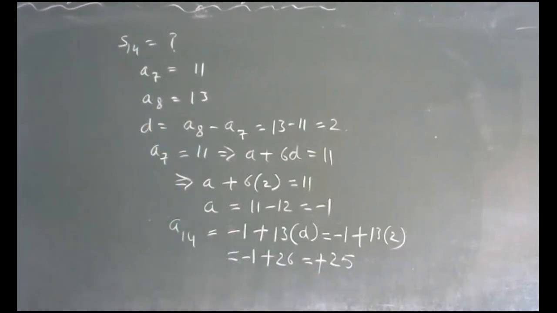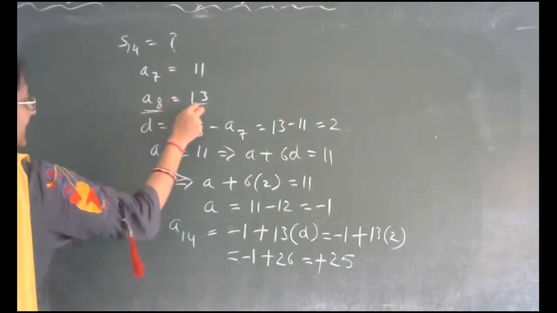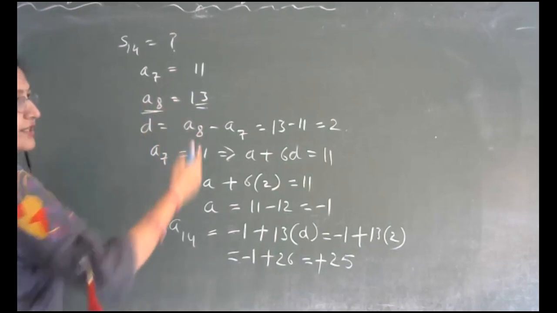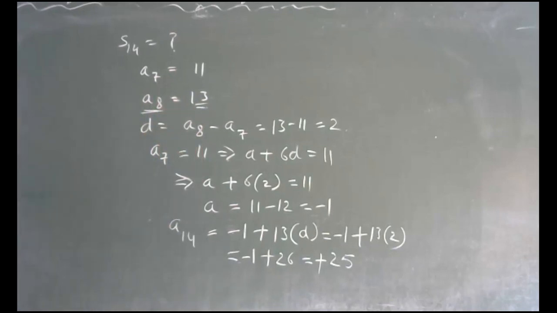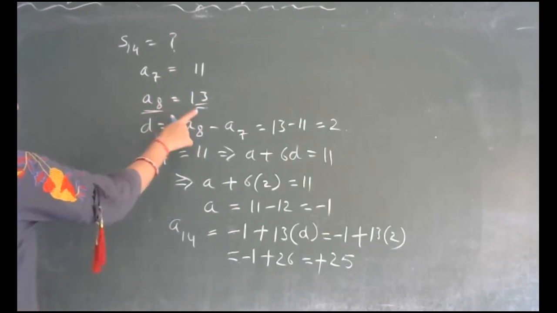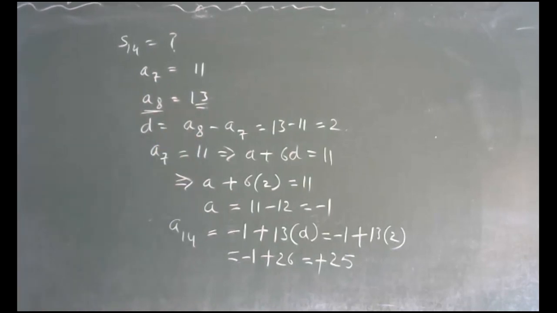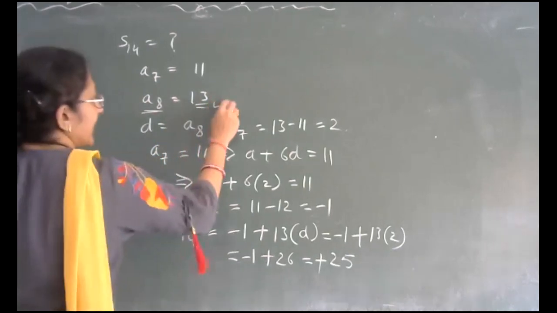Clear? So plus 25 is the 14th term. Otherwise, you already have A8, and to find the 14th term from A8, if we add 6D to it, we will get A14. That is also the right method.